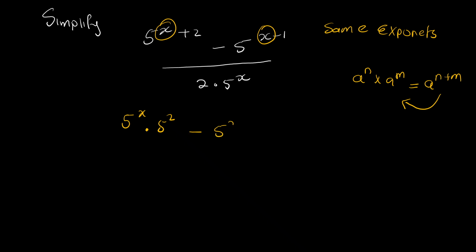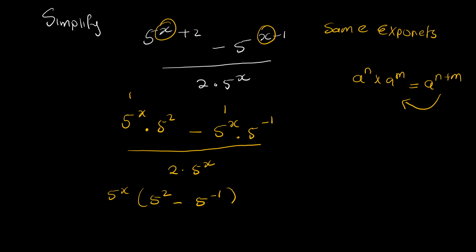This will be 5 to the x times 5 to the power minus 1. Everything divided by 2 times 5 to the power x. So the top part, we can take that 5 to the power x out as a common factor, and where there's 5 to the power x, you substitute that with 1. So this will be 5 squared minus 5 to the power minus 1. Everything is divided by 2 times 5 to the power x.